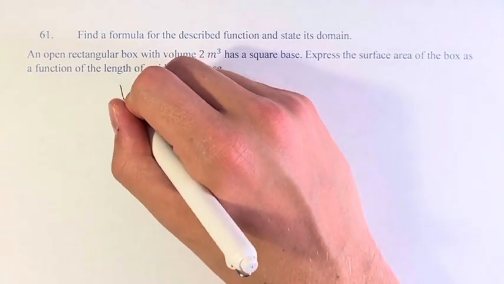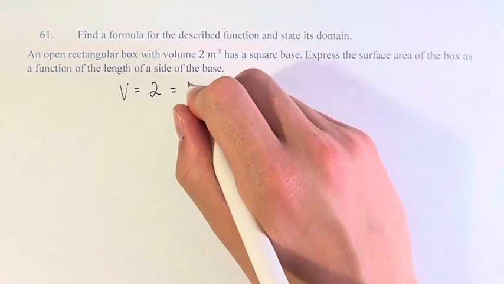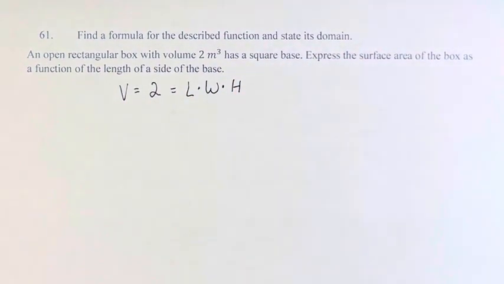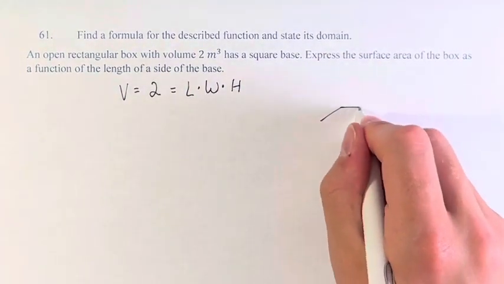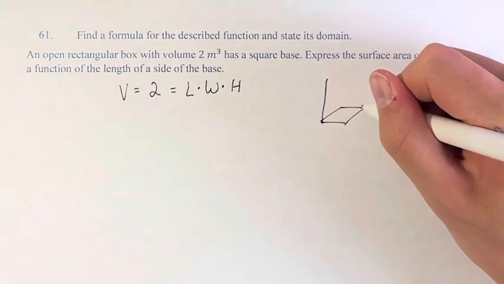So we have the volume is equal to 2, and that is equal to the length times the width times the height. Now, if we're drawing this right here, we have a square base and a particular height.